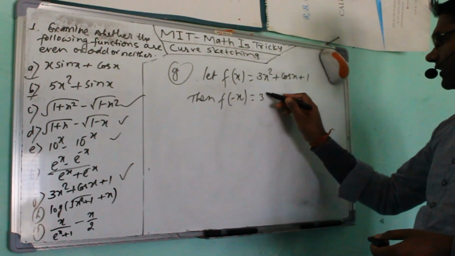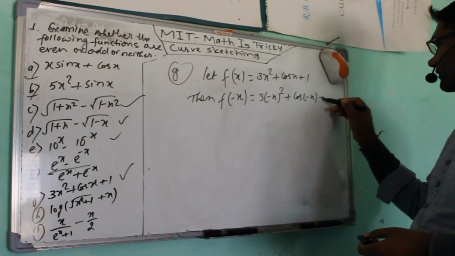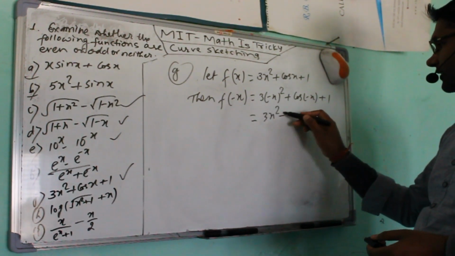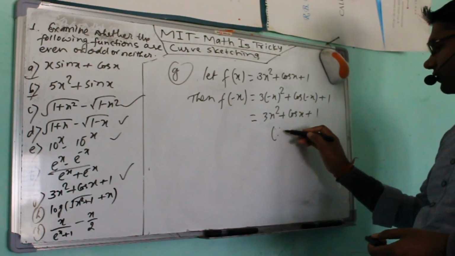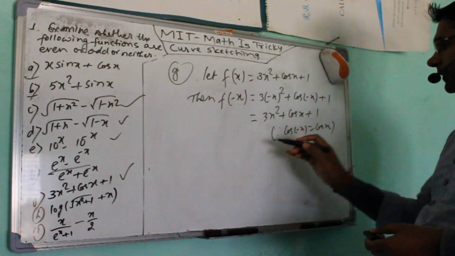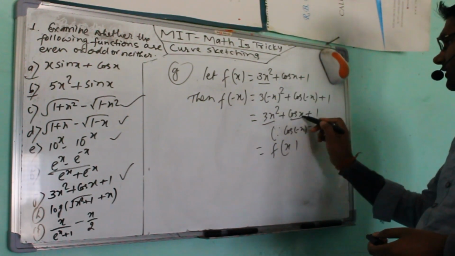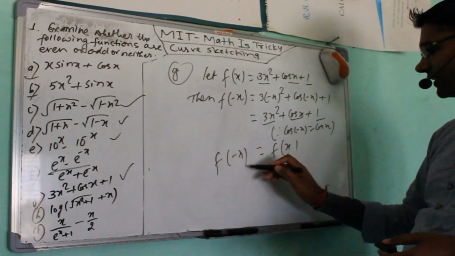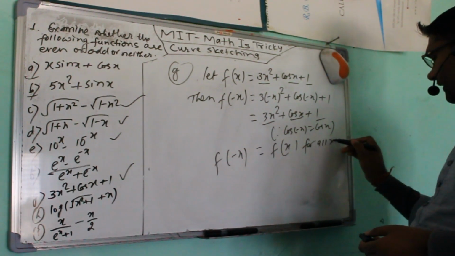It is 3 times minus x whole square plus cos of minus x plus 1. This is the same as 3x square plus cos x plus 1, because the cos of minus x is cos x. So it is the same as f of x. So f of minus x gives the same as f of x for all x.